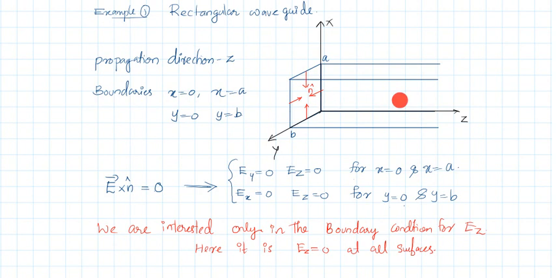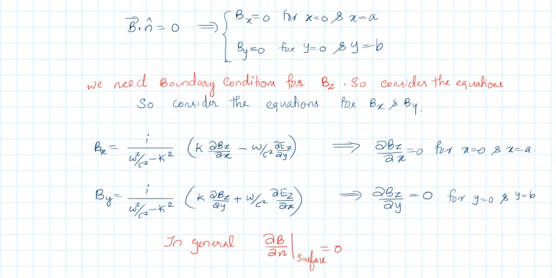For y equal to 0 and y equal to b plane, dou Bz by dou y is again the derivative of Bz in the direction of y, that is in the normal direction. So we can generalize this as dou B by dou n on the surface is 0. Dou n means for the case of x equal to 0 and x equal to a, that n becomes x direction. And for y equal to 0 and y equal to b, this n becomes y.